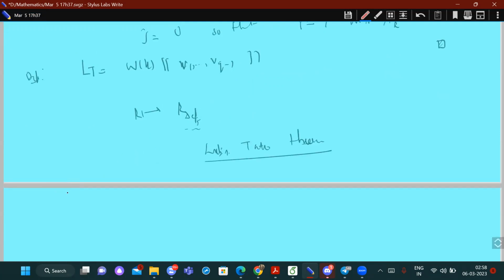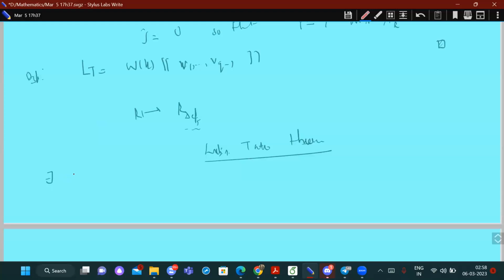So now, here's the main idea actually. So there exists a canonical map, with gamma being AR.